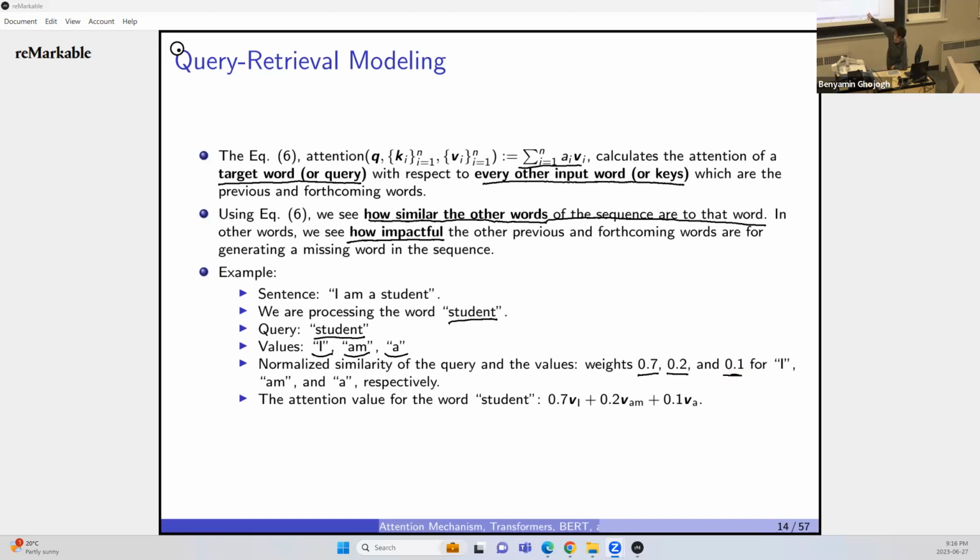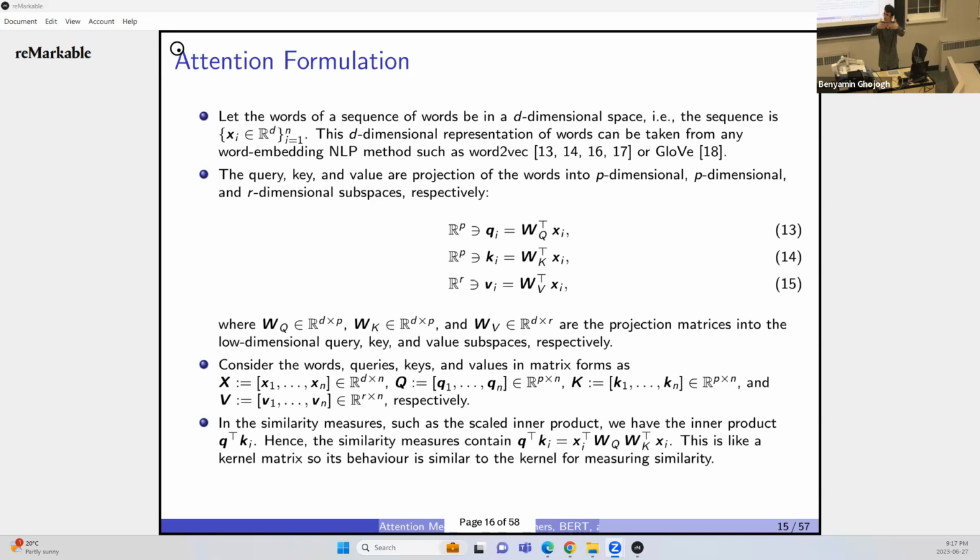They sum to 1. Okay. Then you can write the attention for student as 0.7 times the value, the embedding of I, plus 0.2 times the value of am, plus 0.1 times the value of a, something like this. By the way, I'm building gradually. You'll see how we are going to use them in a deep neural network.